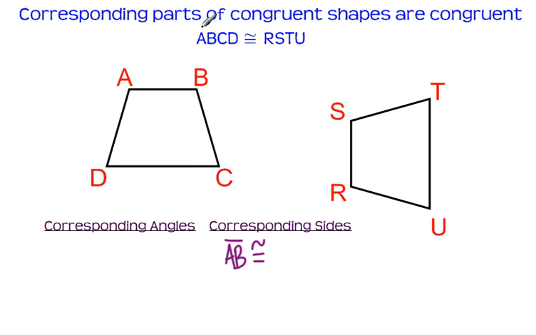Well, here's a real easy way to do it. You could actually ignore the diagrams entirely and use the list of letters. AB must match RS. And I look on the shape and it is true. And I can continue in that pattern.